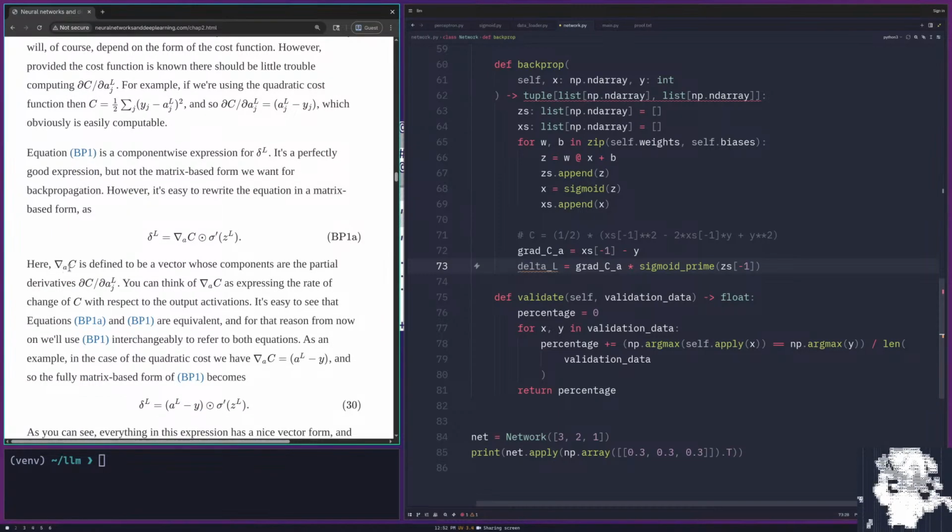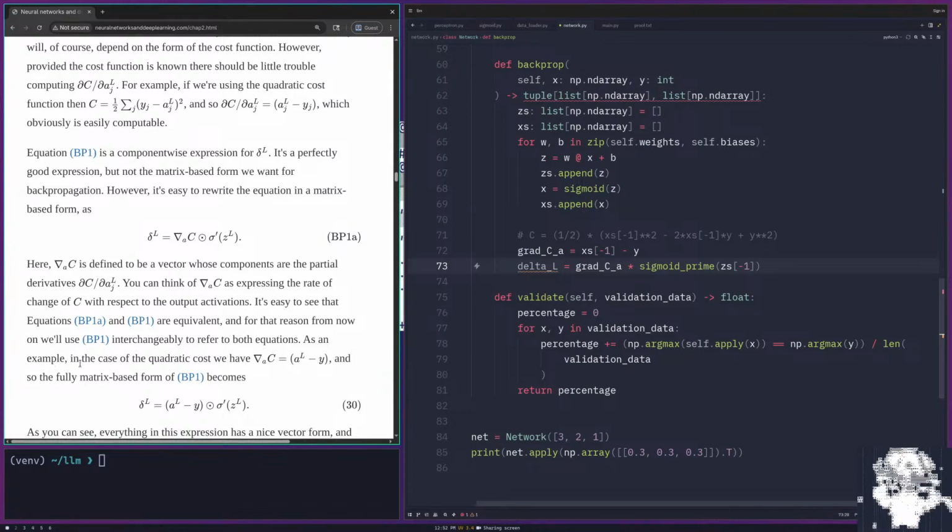Here, grad of a C is defined to be a vector whose components are the partial derivatives of C with respect to a. You can think of grad of a C as expressing the rate of change of C with respect to the output activations. It's easy to see that equations BP1A and BP1 are equivalent, and for that reason, from now on, we'll use BP1 interchangeably to refer to both equations.